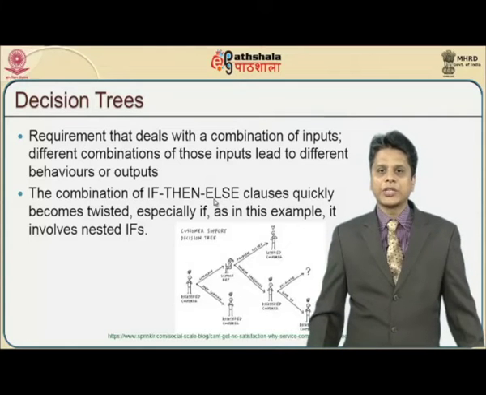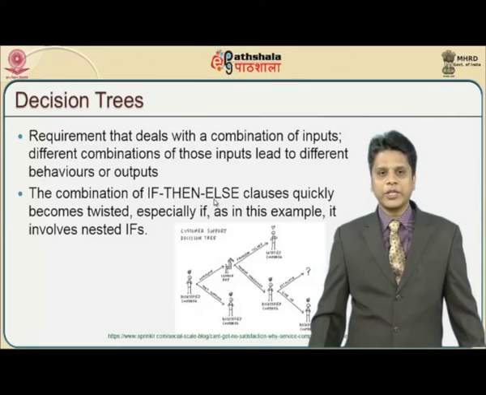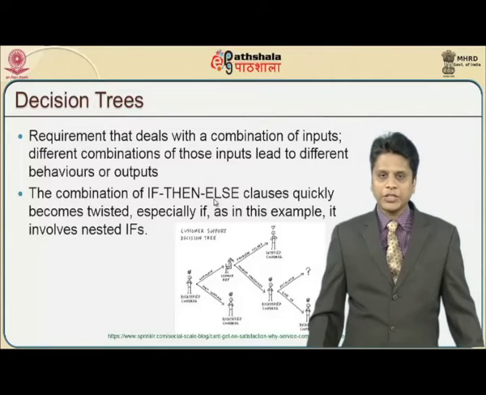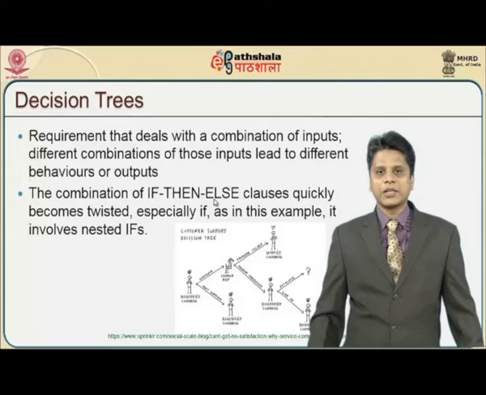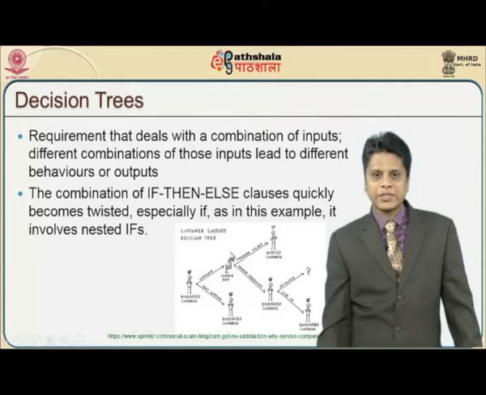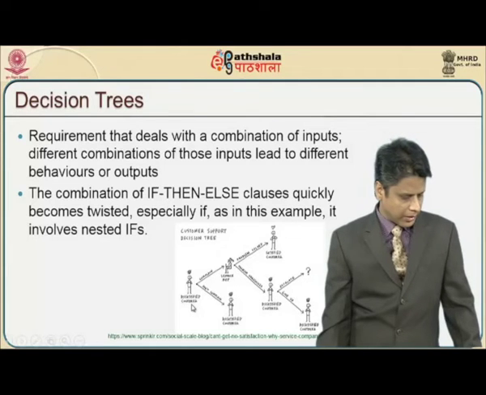Requirements that deal with a combination of inputs, where different combinations lead to different behaviors or outputs. The combination of if then else clauses quickly becomes twisted, especially if, as in this example, it involves nested ifs. So I switch to a customer support decision tree where I have a state like this.